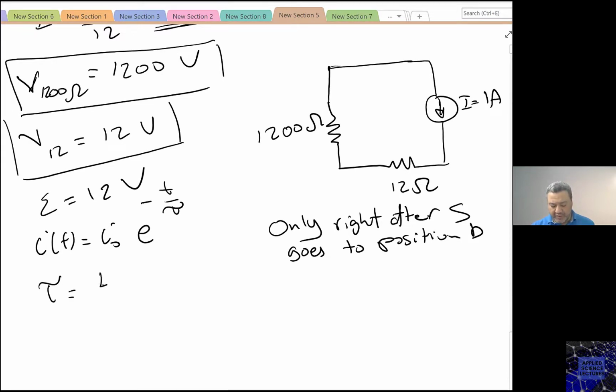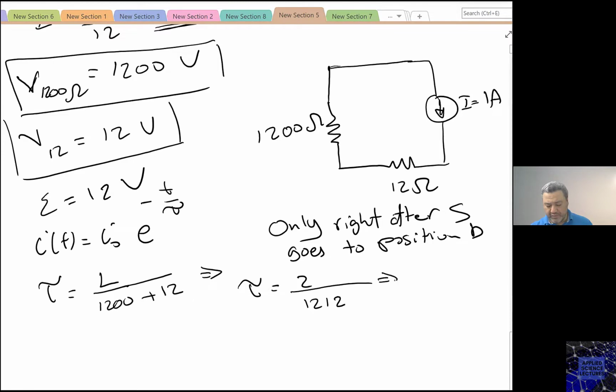Tau is L over R, which is 1200 plus 12, and L is 2 Henry, divided by 1212.